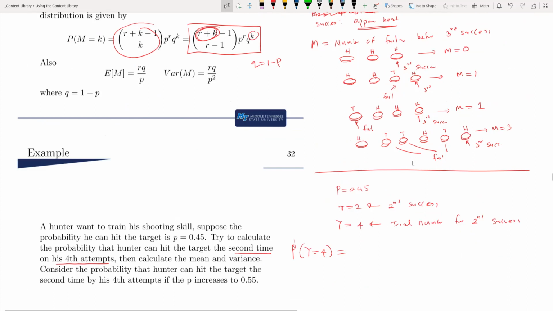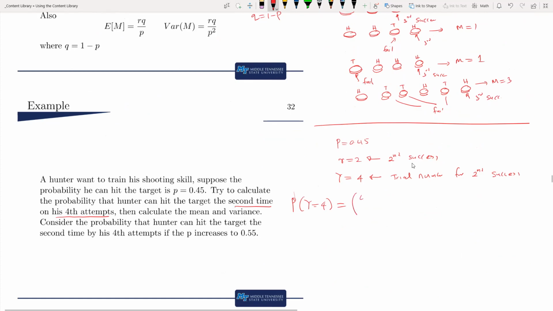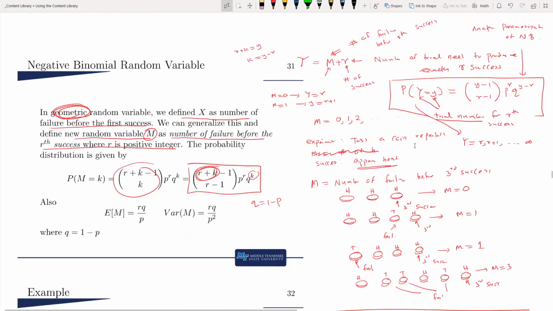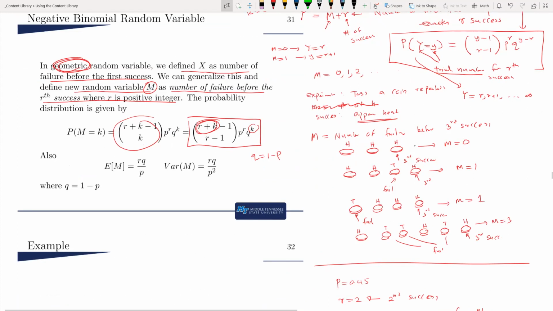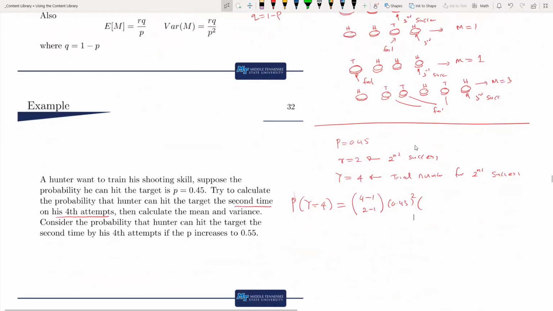I can use that formula: 4 minus 1 choose 2 minus 1, times P to the R, which is 2, and then 1 minus 0.45 to the power Y minus R. When you compute that, you get the probability.